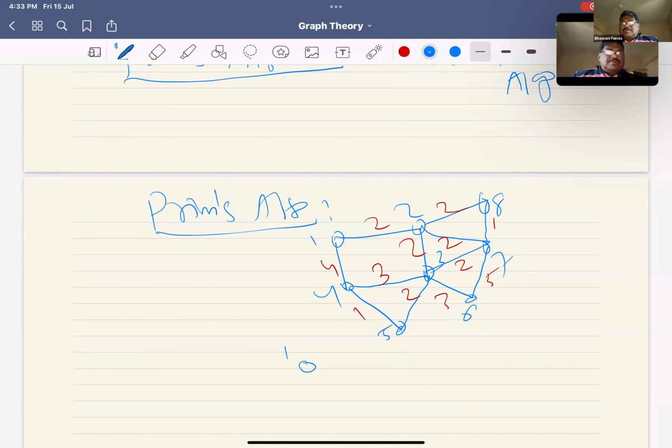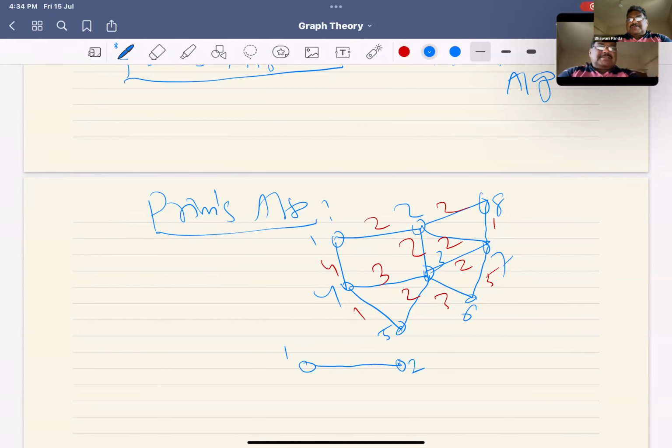How many edges are incident on 1? 2 edges. Since we are trying to minimize the total cost of the spanning tree, which edge would you like out of these 2? The one with weight 2, from 1 to 2. So you take it.